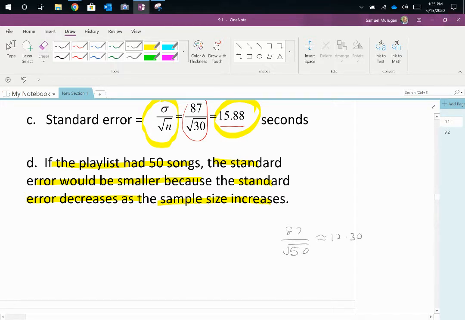That standard error becomes smaller as the sample size increases from 30 to 50. And this is what happens.